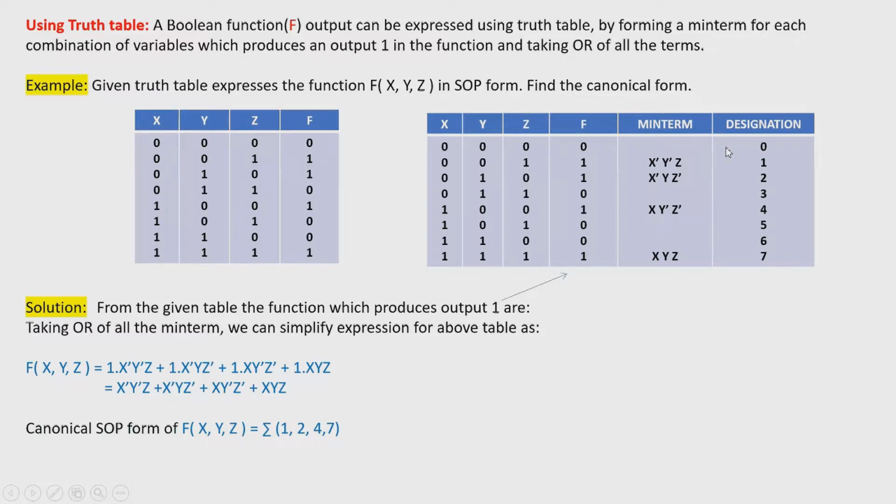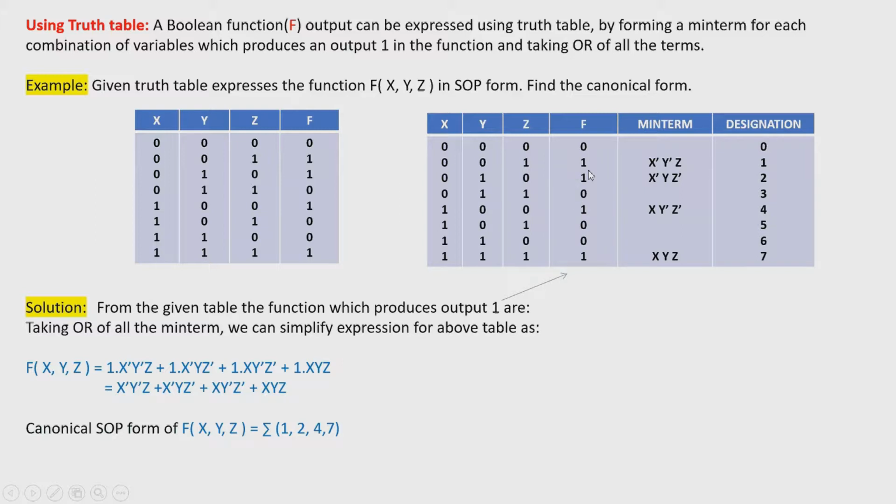Right, so in terms of the decimal designation, you can see that the numbering is here 1, 2, 4, and 7. Right, so we have to get that output. So now the next step is we take the OR of the minterms and we can simplify the Boolean expression in this manner. So otherwise all of this will be considered as a Boolean expression.